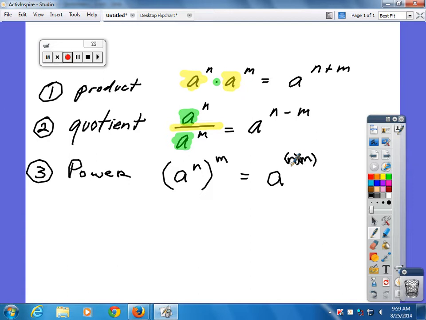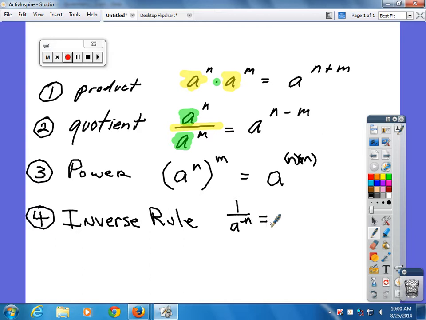The inverse rule. The inverse rule says that if you have a negative exponent, you flip it: 1 over a to the negative n is equal to a to the n over 1, or a to the negative n over 1 is equal to 1 over a to the n.